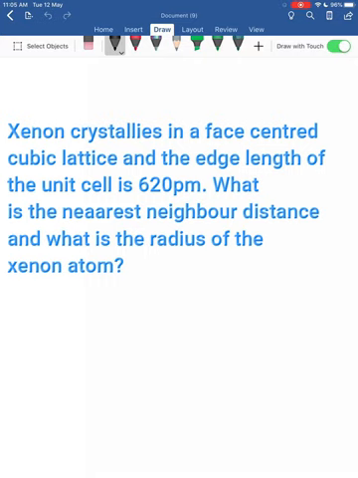Right, now first let me write down what is given to you. It is written that it is face centered, and the edge of the unit cell, a, is given as 620 picometer.